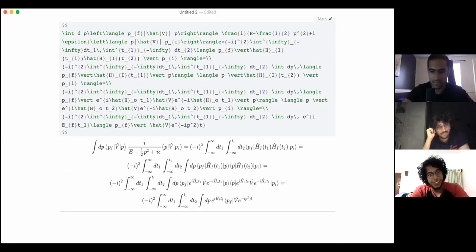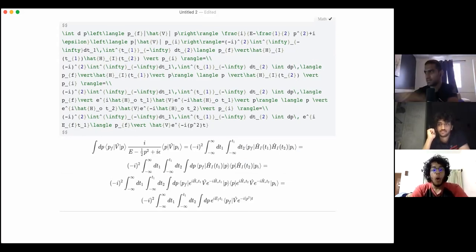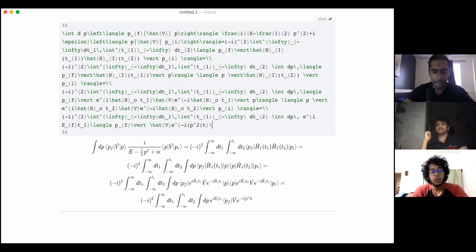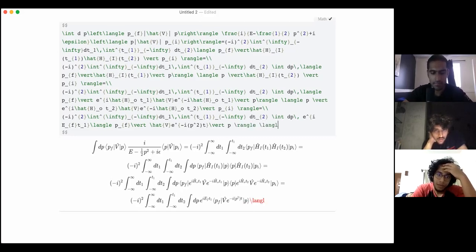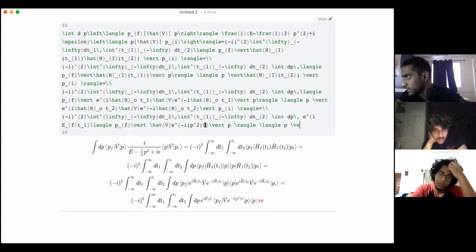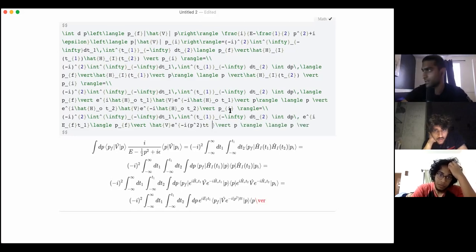So that's why I said let's keep this inside the momentum integral, because we're going to need it. Then you have... But okay, I just put t here irresponsibly. It's t1. Right? Yeah. T.